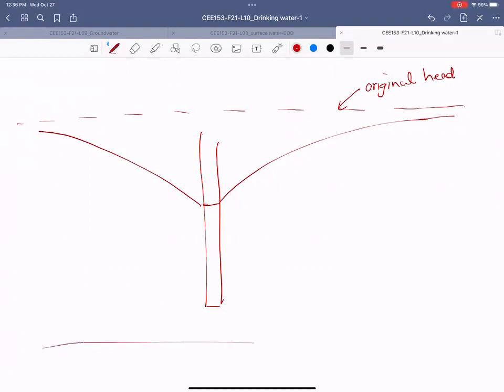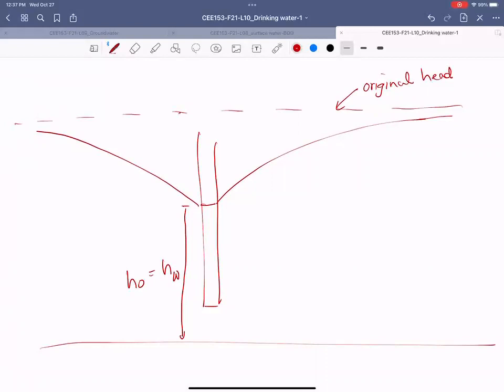And if you are comparing from a datum here, head is basically this. At this point, this is the head in the well, h_w, or a lot of times people write h_0 because that's the head at radius equal to the radius of the well. And drawdown means how far that head has dropped because of pumping. So drawdown is basically the original head minus the rest of it.